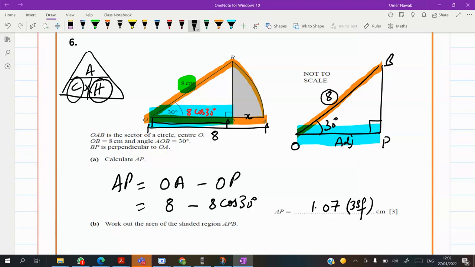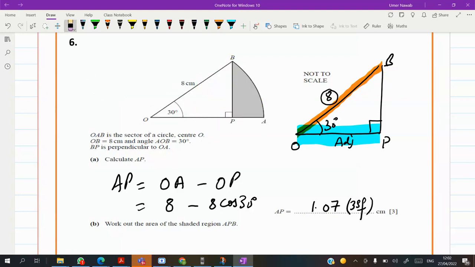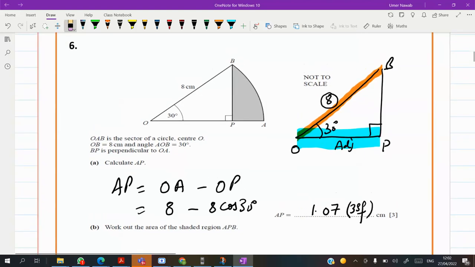Now, I want to find the shaded area APB. Let me erase everything now. To find the shaded area, I need the area of the sector, and from the sector I need to subtract the area of a triangle.